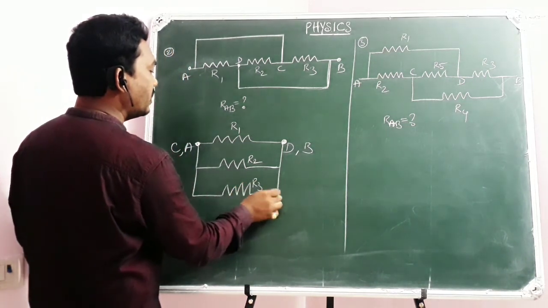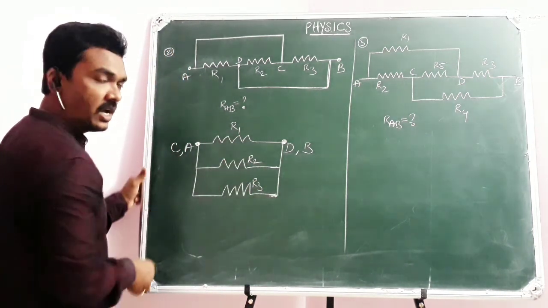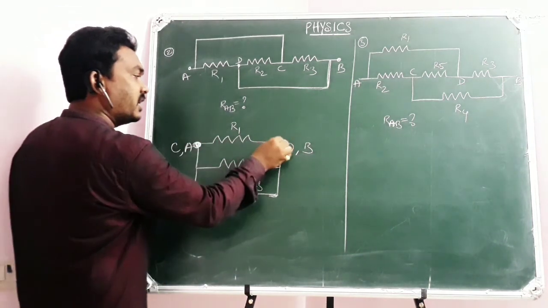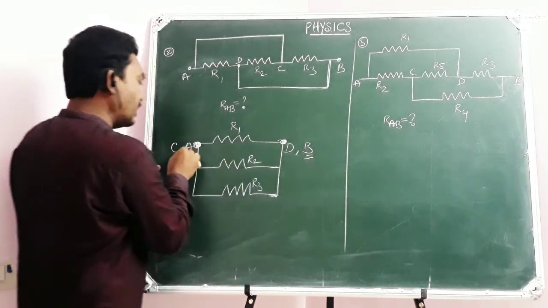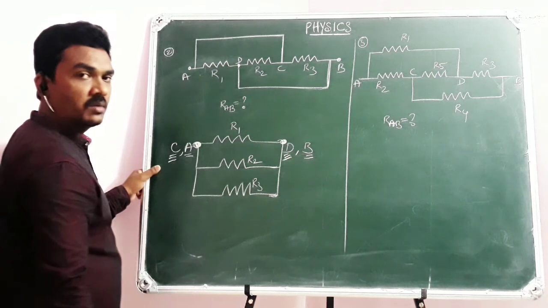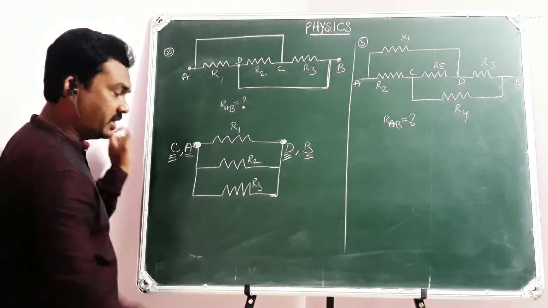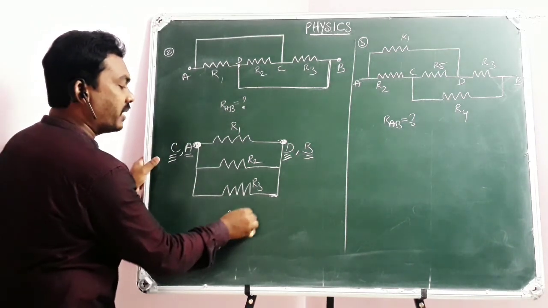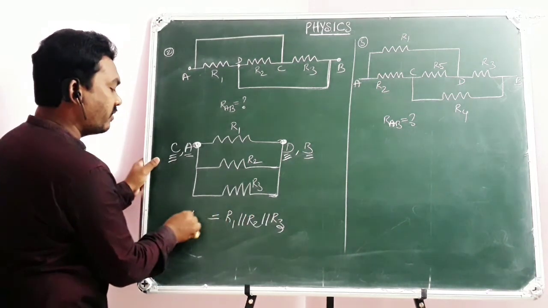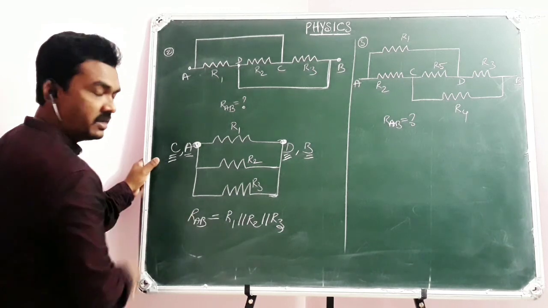So if you have seen, all the three resistors R1, R2, R3 are connected between 2 points, either AB or CD. Means all the three resistors will be in parallel. So R1 parallel to R2 parallel to R3 will give equivalent resistance across AB.